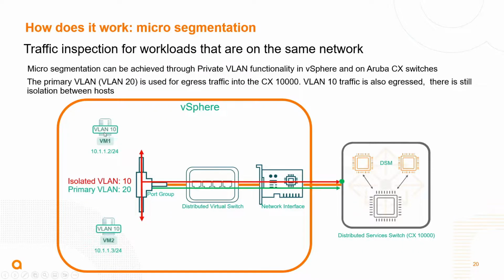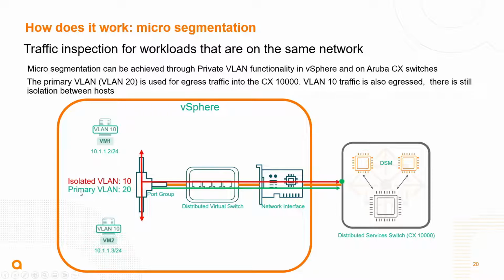The concept of a private VLAN is that you use an isolated VLAN, and the VMs are connected to that isolated VLAN. With that isolated VLAN deployment, the VMs cannot communicate with each other anymore. And then you have the concept of a primary VLAN, sometimes also called a promiscuous VLAN.